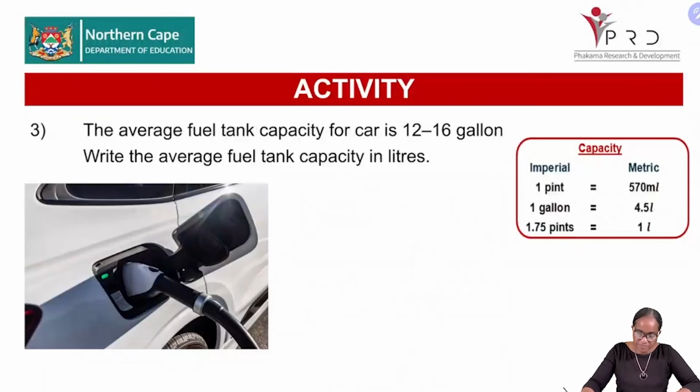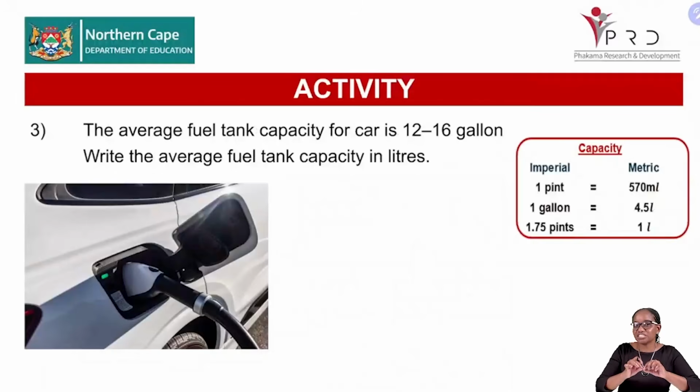Next activity. The average fuel tank capacity for a car is 12 to 16 gallons. Write down the average fuel tank capacity in liters. So we're given an average which is a range from 12 to 16. So what it means is we're going to change 12 gallons to liters and change 16 gallons again to liters, so that we're able also to give our answer in a range.